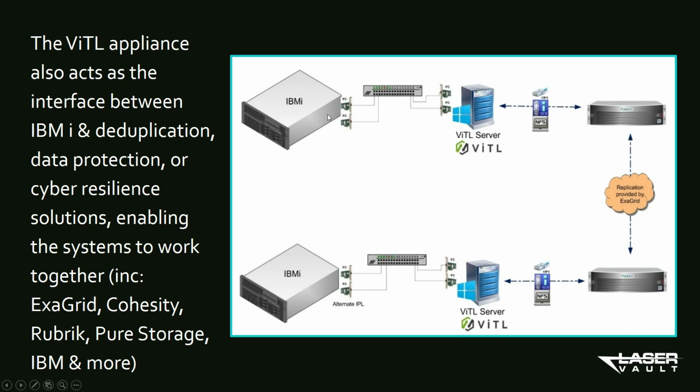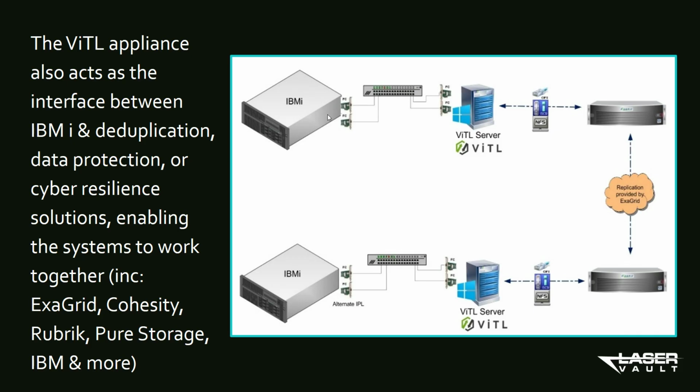We also act as an interface for other deduplication, data protection appliances. We work a lot with Exagrid, Cohesity, Rubrik, Pure Storage, IBM in their data protection solution. So if you're currently using any of these solutions or have the ability to leverage any SAN or NAS storage, this means you're not having to invest in an appliance with built-in storage.